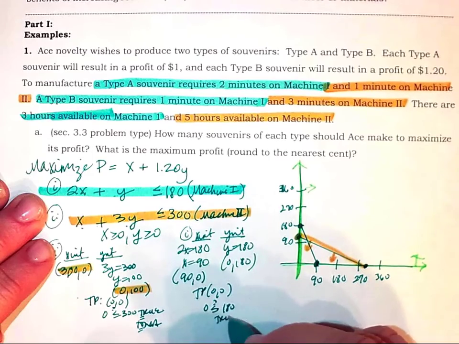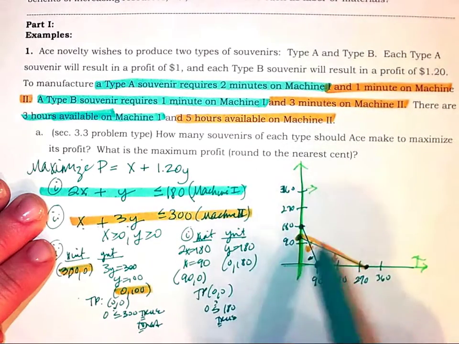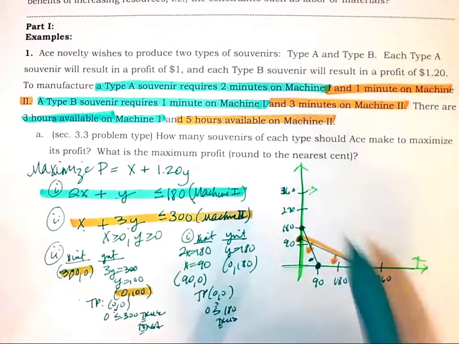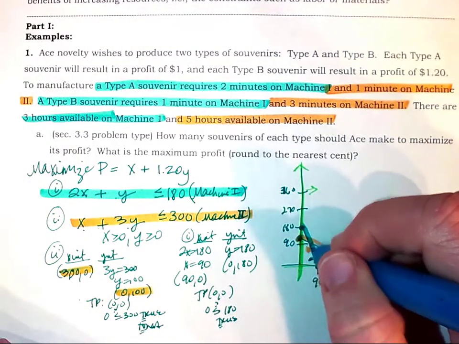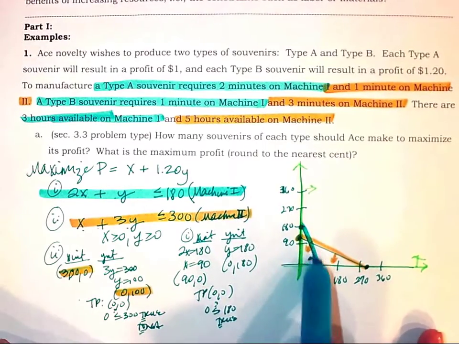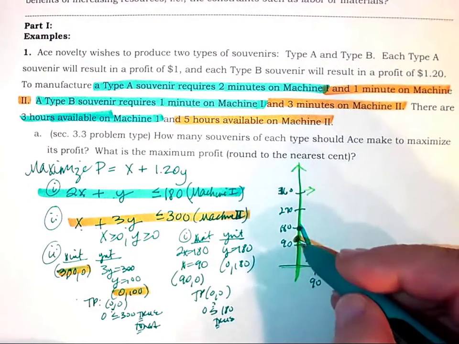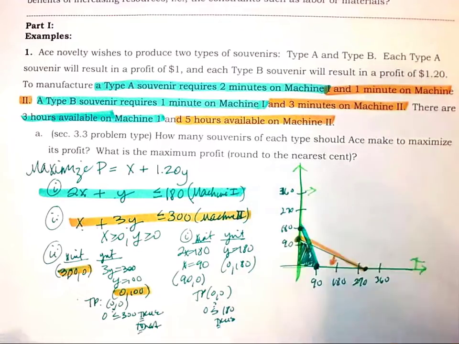So that again is a true statement, so we're going to be shading toward the origin. So it's bounded in this little section here by the orange, and now this one is that blue line. And so down here on this end, we're bounded by the blue line. So if we're looking at our total shaded area, everything points inside this little piece right here.